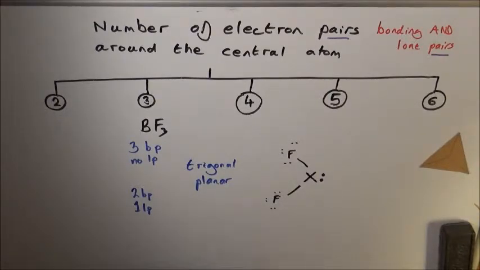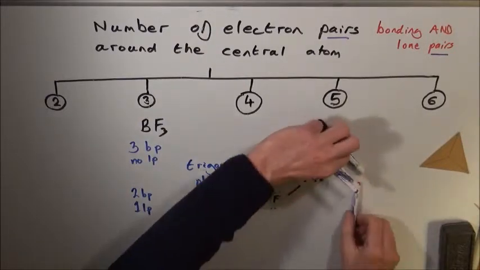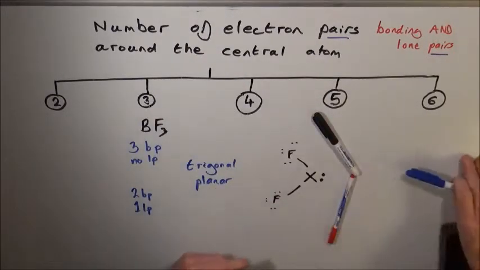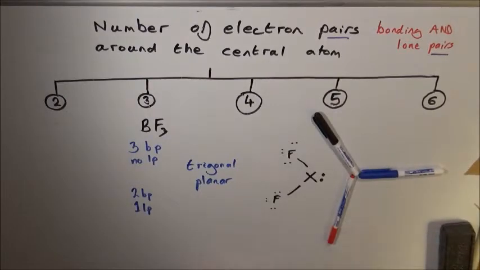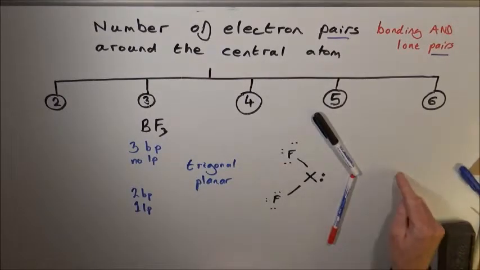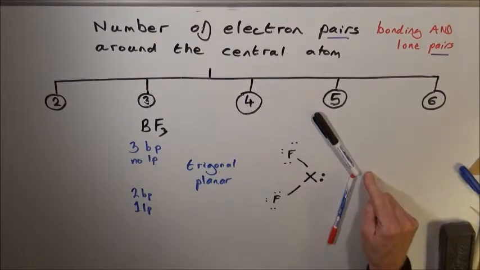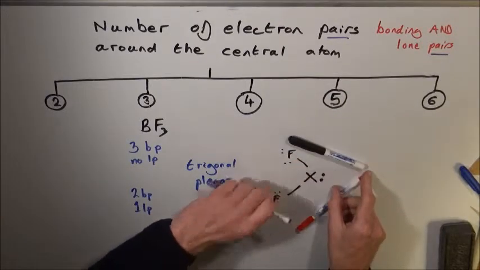So we've still got 3 electron pairs around the central atom, but this time 2 are bonding and 1 pair is a lone pair. And as I think you can imagine, if that's the boron trifluoride, if we remove that bond, the electrons here move closer onto this atom, so you get repulsion here.